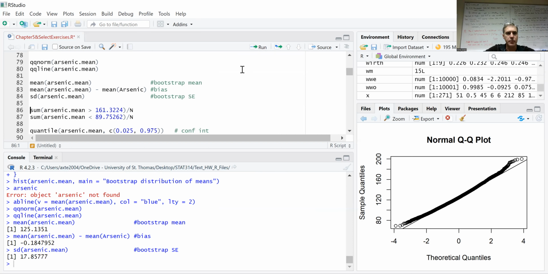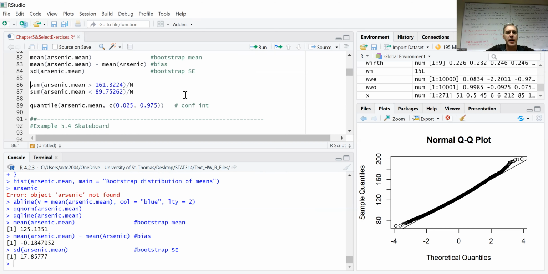Okay. And then last but not least, I'm going to skip that sum arsenic mean greater than 163 and less than 89.75. Here's line 89, how we're going to calculate this bootstrap confidence interval. I'm going to take my arsenic mean, that's the vector of all the bootstrap means, and I'm going to grab the interval between 0.025 and 0.975.